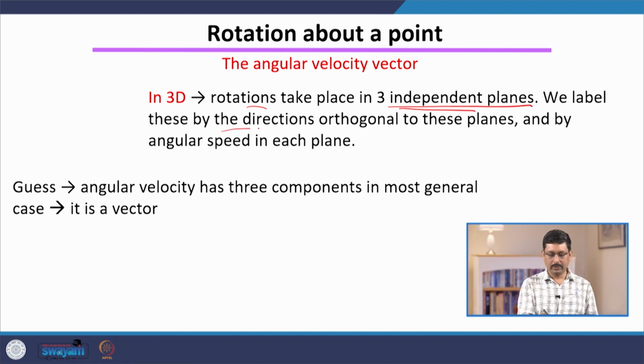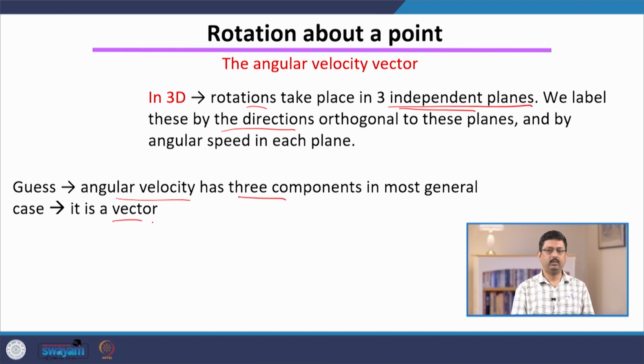The orientation of each plane can be specified by the direction normal to it, and as we know, in 3D there are 3 mutually perpendicular directions, hence the rotation takes place in 3 independent planes. So, you have to specify the angular speed in each of those planes. There are 3 planes, so there are 3 possible angular speeds. That means we can guess that in 3D, to describe the angular velocity we need 3 components in the most general case.